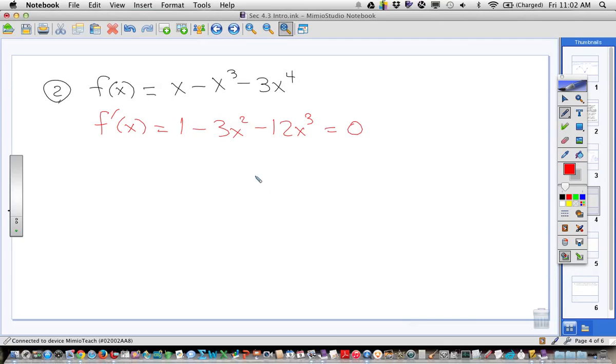This one, you can use your calculator to solve the derivative. I'll let you use your calculator to solve the derivative on this one, okay?